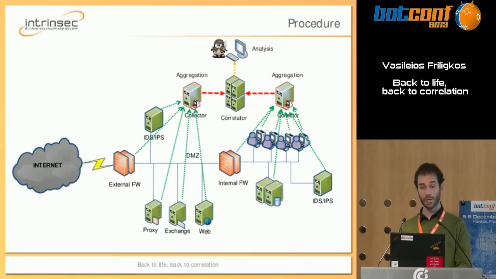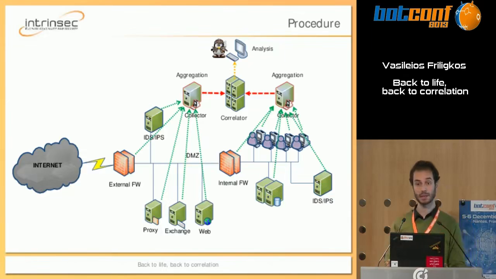Once we do that, we aggregate the big amount of data in order to keep only what's essential, and we send the information, after it's been formalized, to our correlator, which is the analyzing machine that's going to provide us with all the intelligence and all the necessary data to perform an analysis. Because all this has as a final destination a security analyst who will look into what's happening.